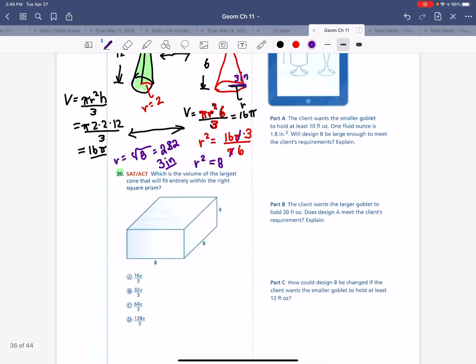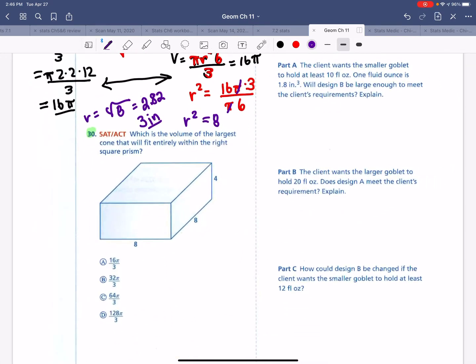Nice. Number 30, it says, what is the volume of the largest cone that would fit in here? If I look here, the base of this prism looks like a parallelogram, but we know it's a square. It's 8 by 8. So if I fit a cone in here, that would be my altitude. What's the largest cone?